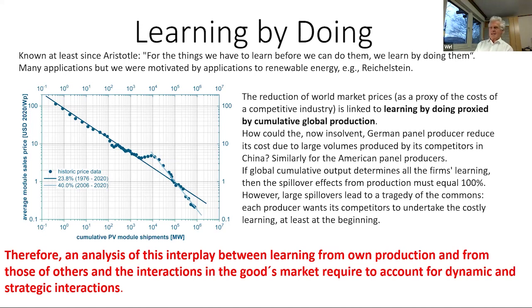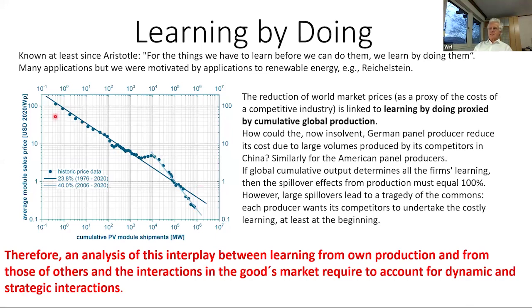We were just a little bit annoyed by the many papers reported on learning by doing. In particular, this one by Reichenstein. Okay, so what Reichenstein and a lot of other people do is they plot the costs or the prices of certain products versus cumulative global output.